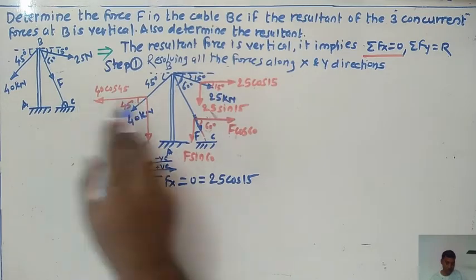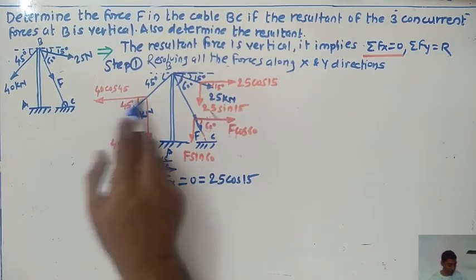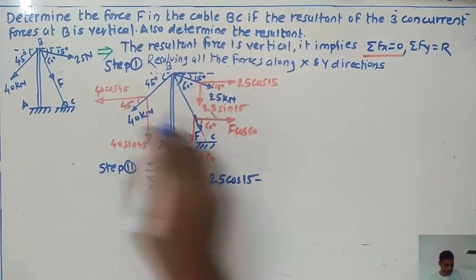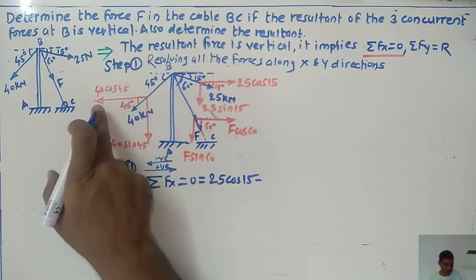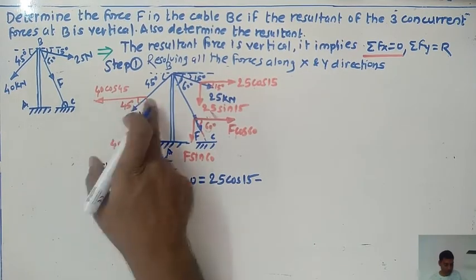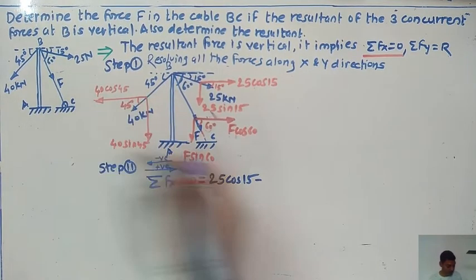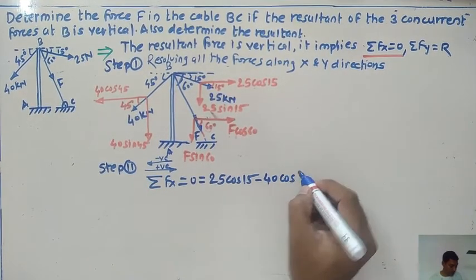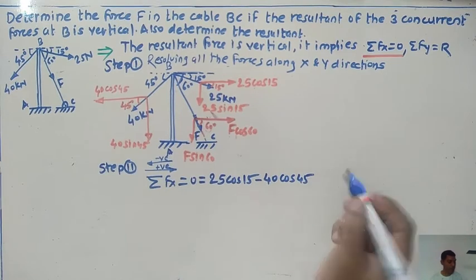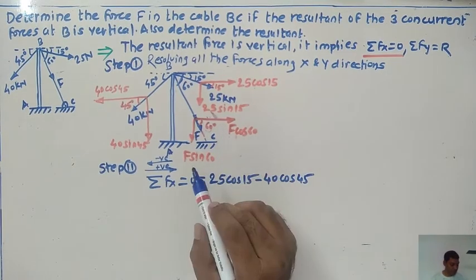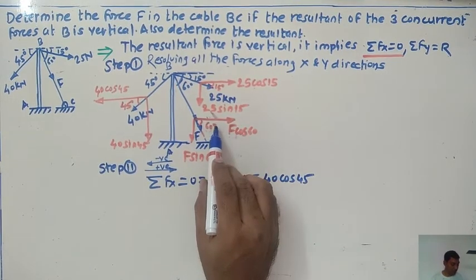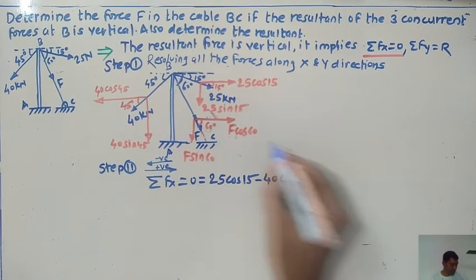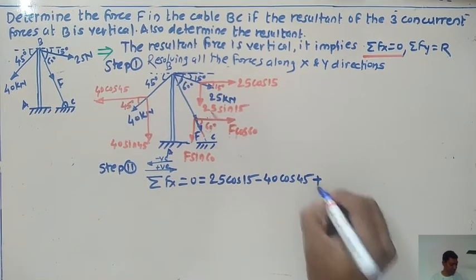This force, running in which direction? Opposite direction, towards the negative side of x-axis. Give the minus sign for this one. 40 cos of 45. Now next force is here, whose magnitude is F cos of 60. Just consider this force also.